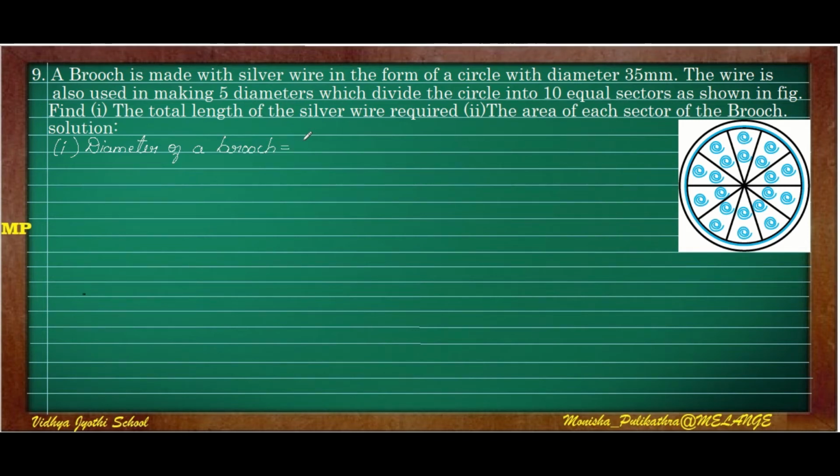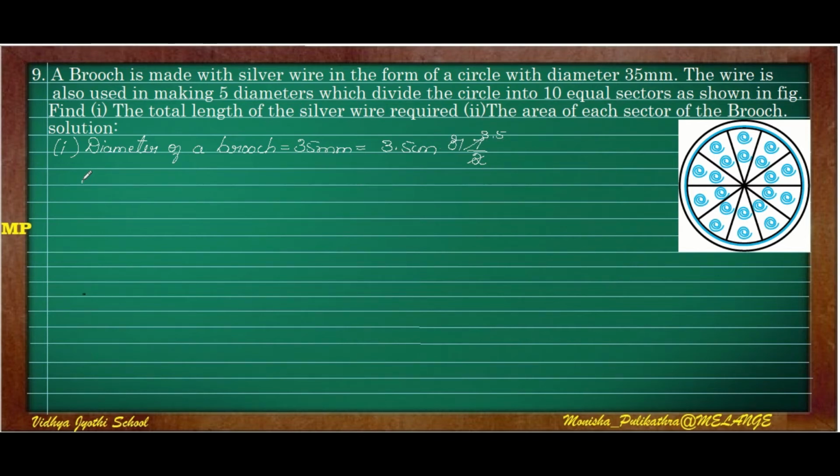The diameter of a brooch is 35 millimeter. So I will convert it into centimeter, which will become 3.5 centimeter, or we will write this 3.5 as 7 by 2 also. So we can write 3.5 or 7 by 2.